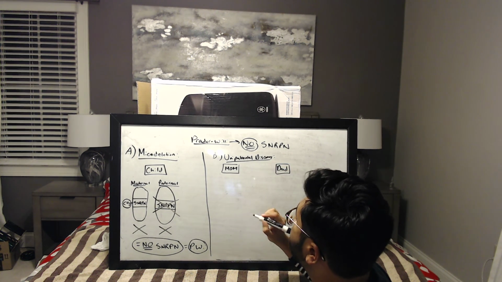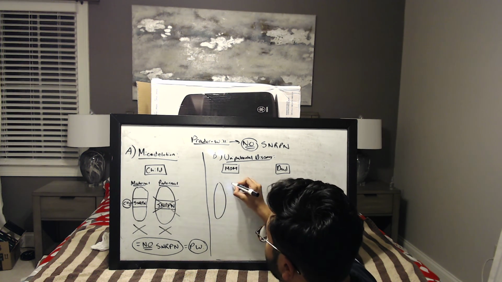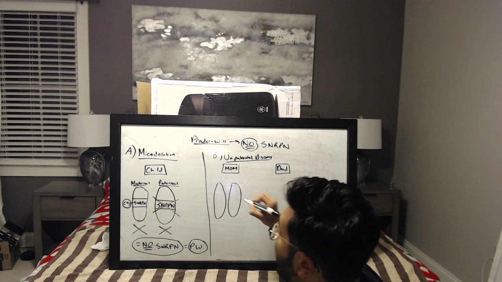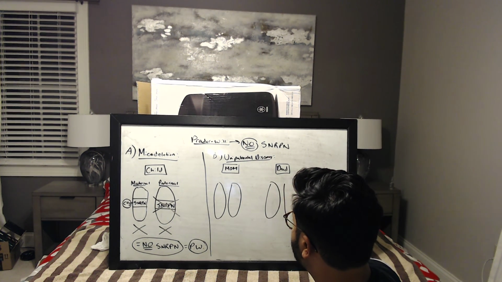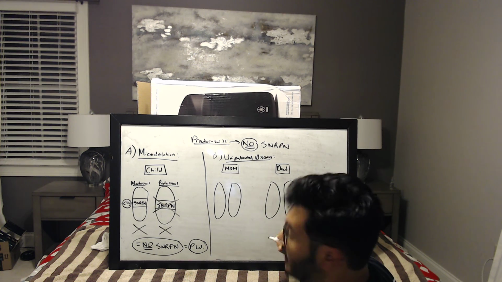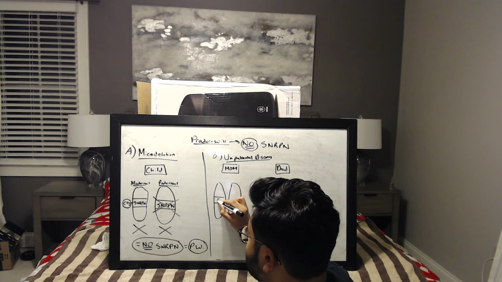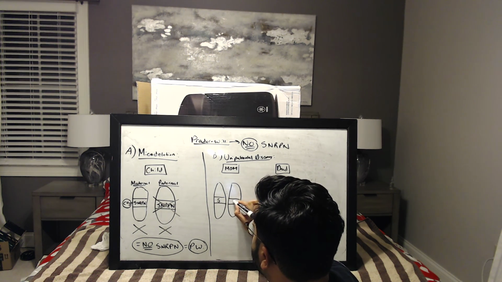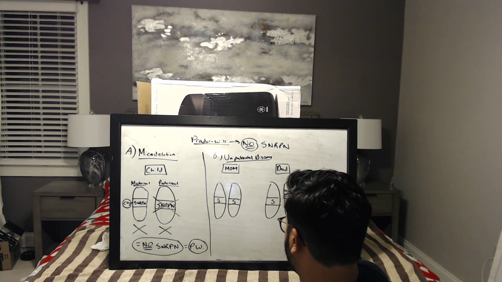The mom of this child is going to have two copies of the gene, right? The dad of this child is also going to have two copies of this gene. So basically what's happening here, and we're just going to abbreviate SNRPN as S, so this video isn't 30 minutes long.